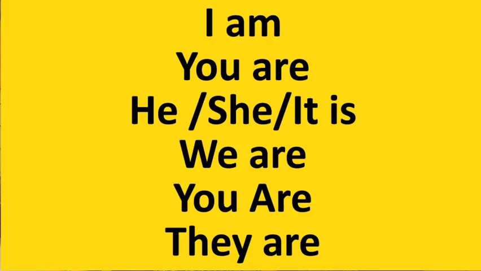Okay, so let me go through. You'll remember we talked about the present continuous tense. We went through examples of the verb to be. So we looked at I am, he is, she is, it is, we are, you are, they are. We went through those and we added verbs.